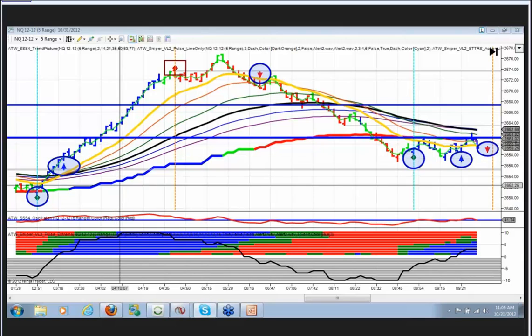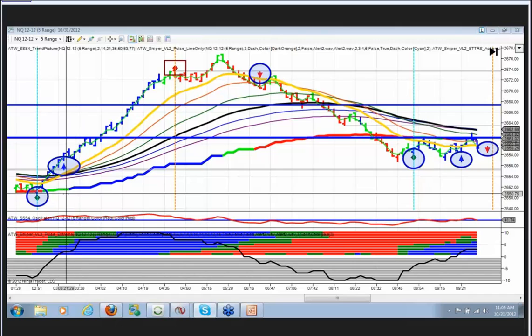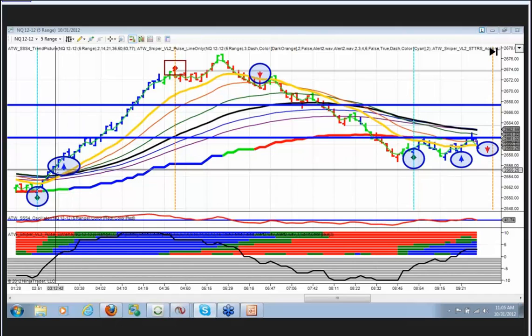Let me just describe for you what causes the pulse extreme signals to fire. We won't highlight the standard sniper. Those are really easy to identify too, but just to keep this video short, we will only highlight and explain the pulse extreme arrows. You see this indicator down here with the colored lines and the gray lines and then the white gap.